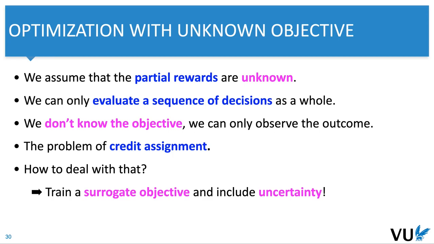So one approach is to train a surrogate objective and include uncertainties. So we will look at our decisions, and we will try to propose a model that will generalize our decisions in a way, but also we need uncertainty.